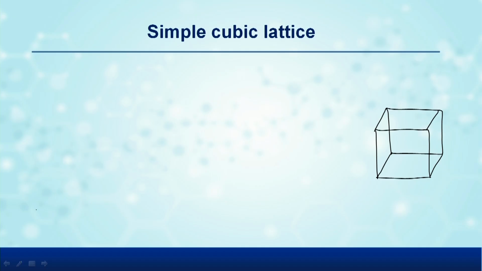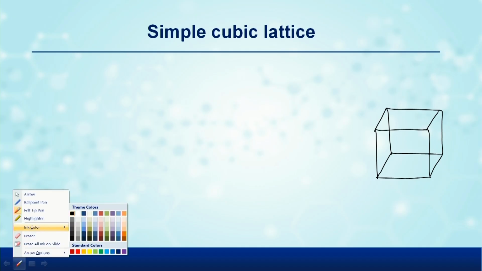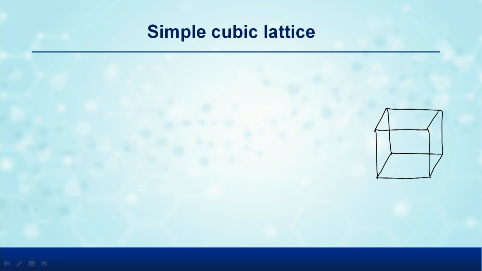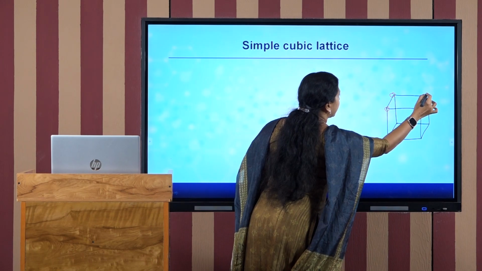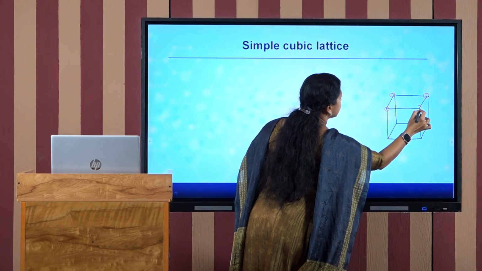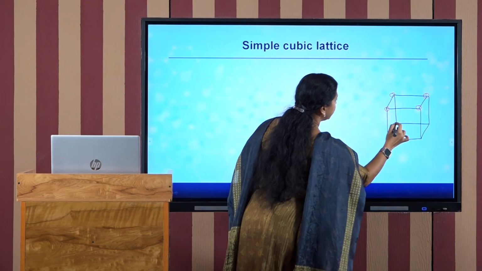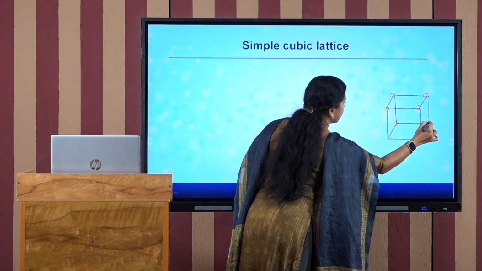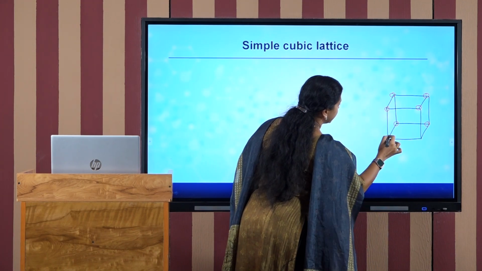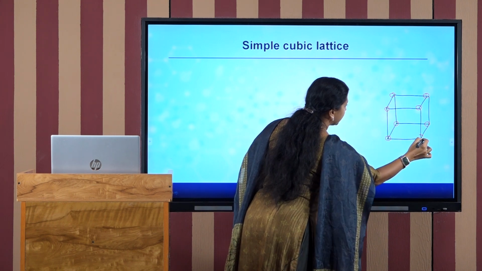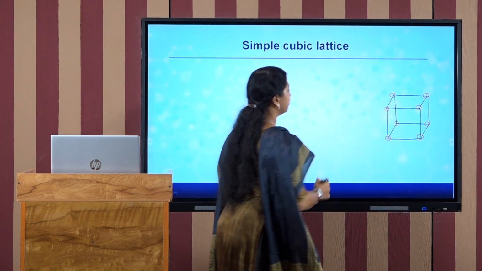In a simple cubic lattice, the atoms are present only at the corners. There are 8 corners in a simple cube. So, these are the 8 corners and at each corner we have an atom.